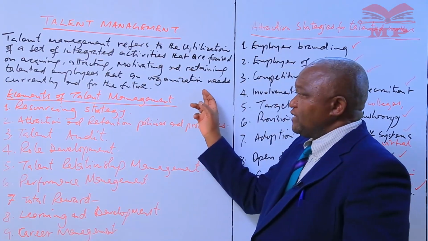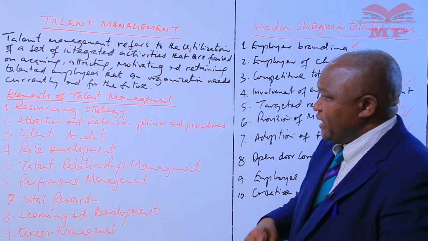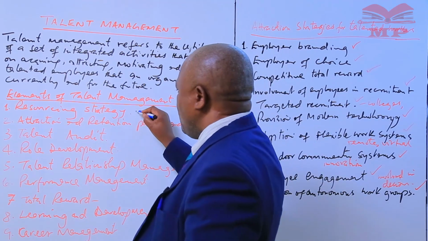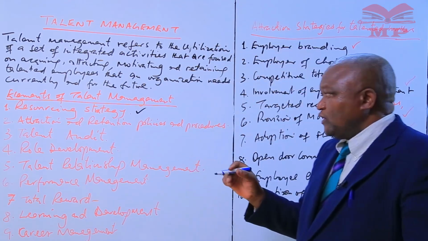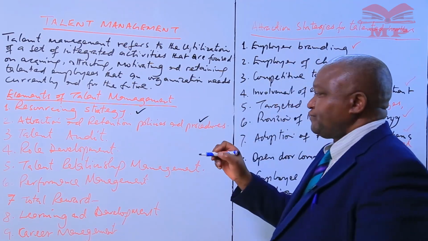That is talent management. And the elements of talent management we have indicated may include resourcing strategy, number 1, attraction and number 2, attraction and retention policies and procedures.